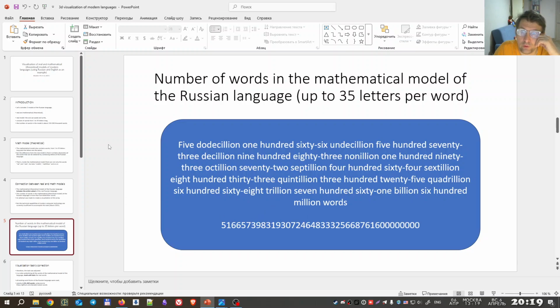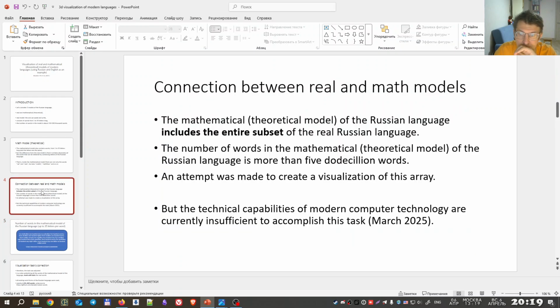So what can we do with all that? The idea was to visualize it. Can we, for example, make a 3D model and look at that model? As you can see on the previous slide, it's impossible. The technical capabilities of modern computer technology are just insufficient to accomplish this task.